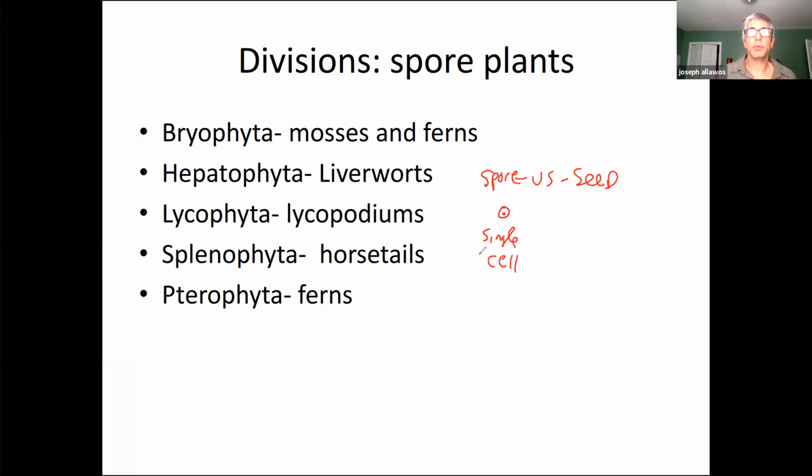And so these organisms reproduce by using a single-celled propagule, you might think of it as. A seed is many cells. And a seed contains a little baby plant, which is an embryo. Okay, so you could see how this might be considered to be a little less advanced.